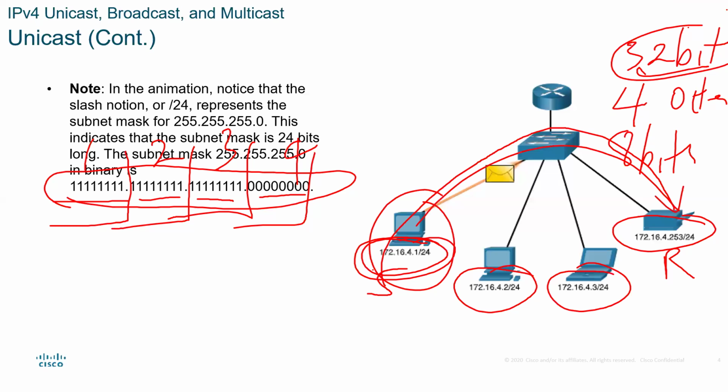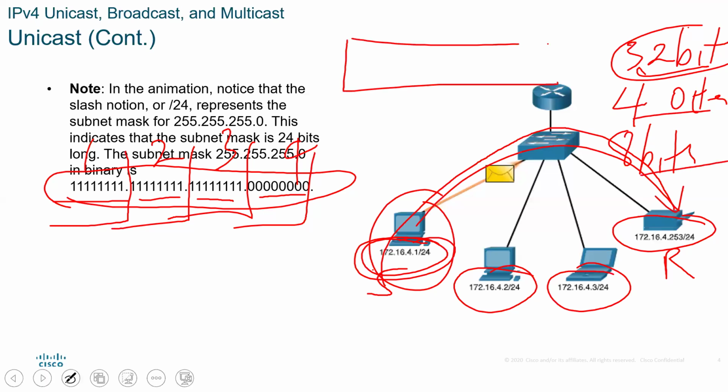It has 8 bits in each octet, and it also has 2 portions. It has what we call the network portion, and it has the host portion. Now, the network portion identifies like the surname. The host portion identifies the name of the person.